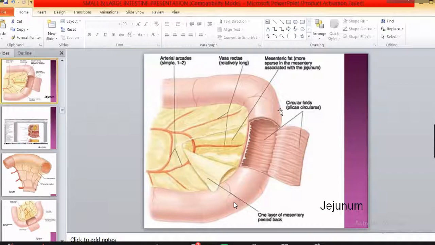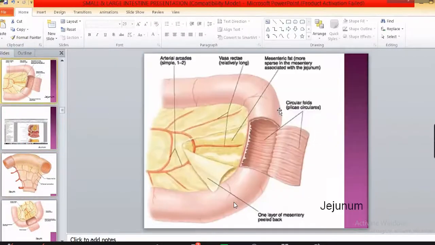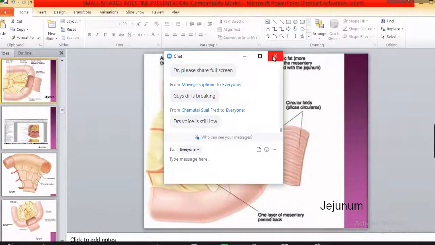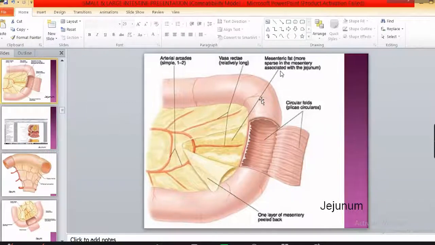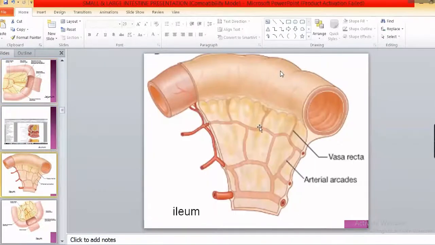Then the blood supply to the ileum and jejunum. You have the branches of the superior mesenteric arching in the mesentery, and then you get these branches called vasa recti running through the mesentery to give branches to portions of the jejunum, and also here to the ileum.